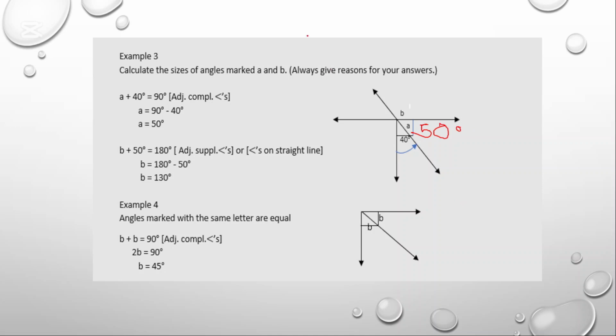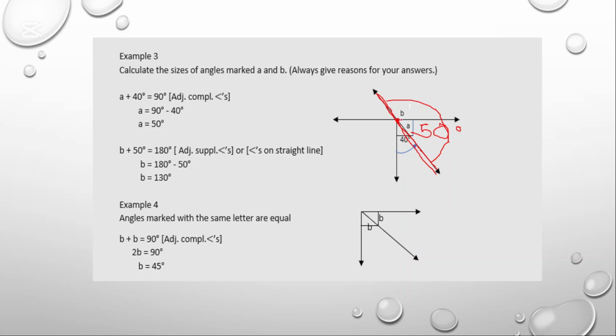Now I want you to check. Here we have a straight line going right down like this. You see there? Straight line. There we have a common vertex. So B and A, they are on the same side of the line. They are supplementary adjacent angles because they are next to each other.